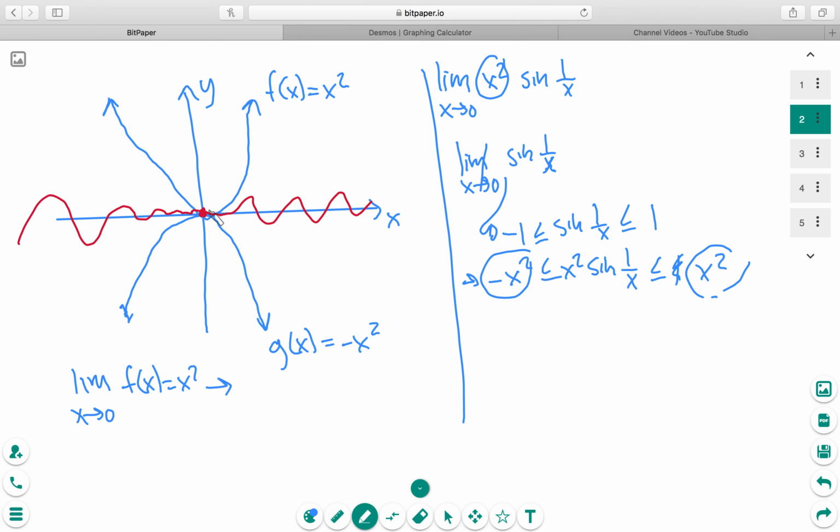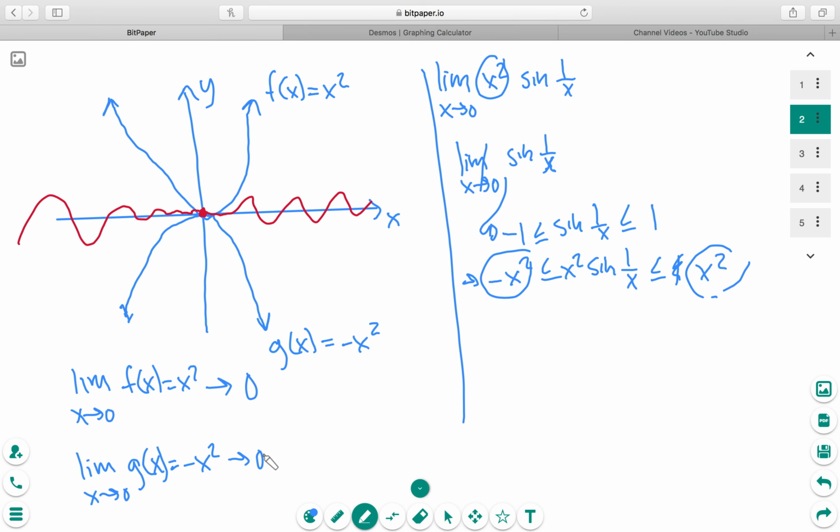Limit from the right-hand side also goes to 0. Or you can just plug it in, direct substitution, 0 squared is 0. So this is going to be equal to 0, right? And let's take the limit as x goes to 0 of g of x, which is equal to negative x squared, right? And that is also equal to 0, because it doesn't matter if you put the negative or the positive. If you plug in 0, it's just going to be 0 all the way.